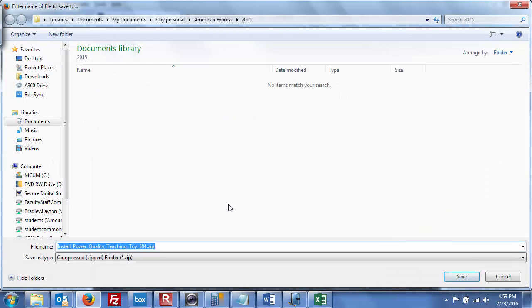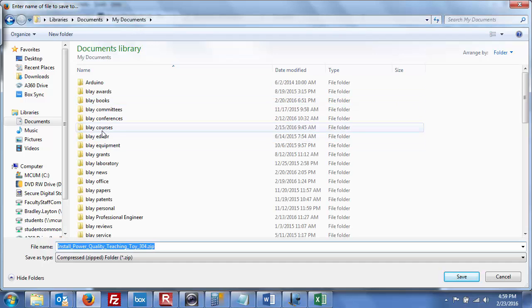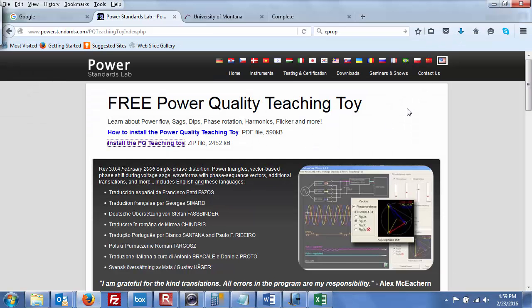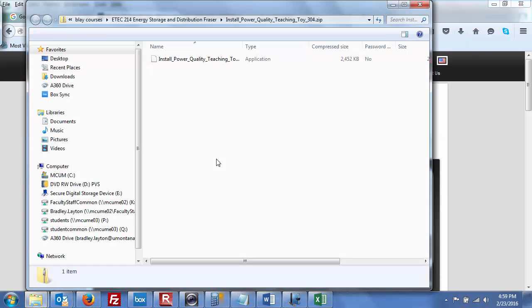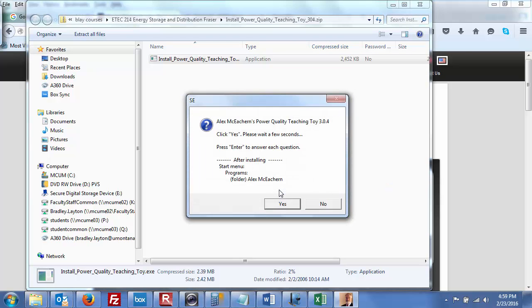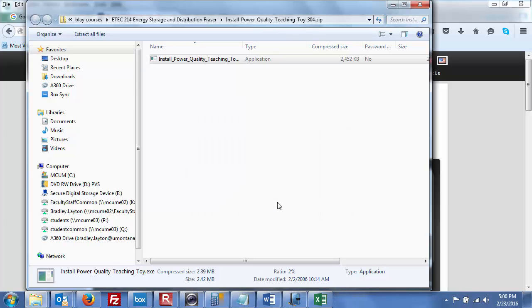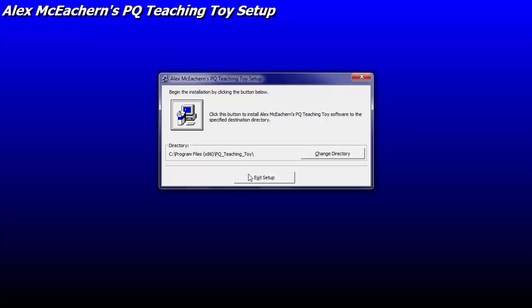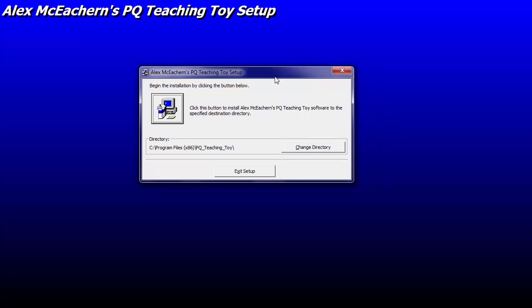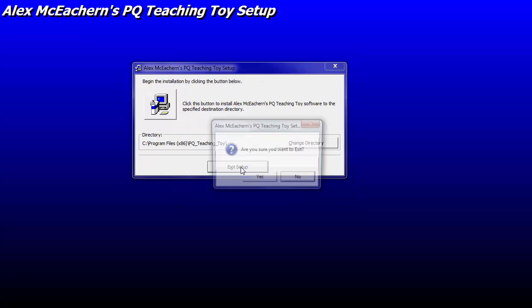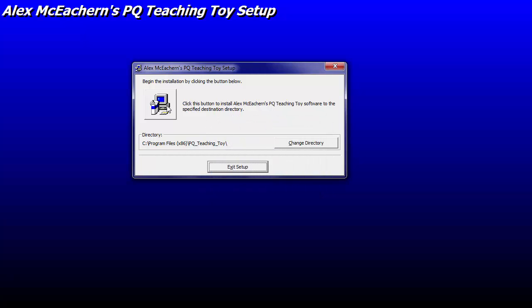Let's take a look. What am I doing wrong here? It says click that. Oh, there we go.